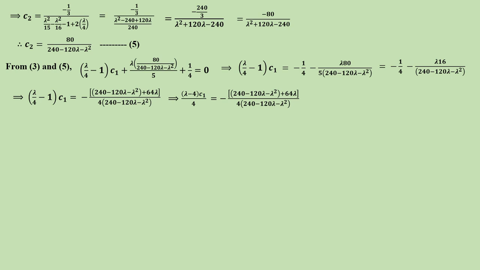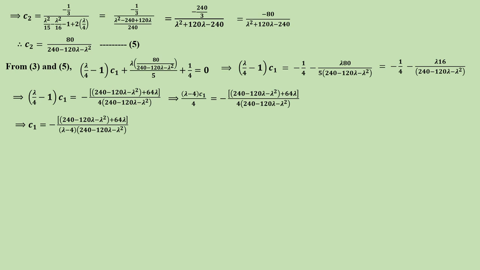So that implies lambda minus 4, taking LCM on the left hand side, 4 is the LCM. Lambda minus 4 C1 by 4, that is equal to minus 240 minus 120 lambda minus lambda square plus 64 lambda by 4 into 240 minus 120 lambda minus lambda square. Therefore C1, keeping C1 on the left hand side, taking that remaining term to the other side, it will become the reciprocal.